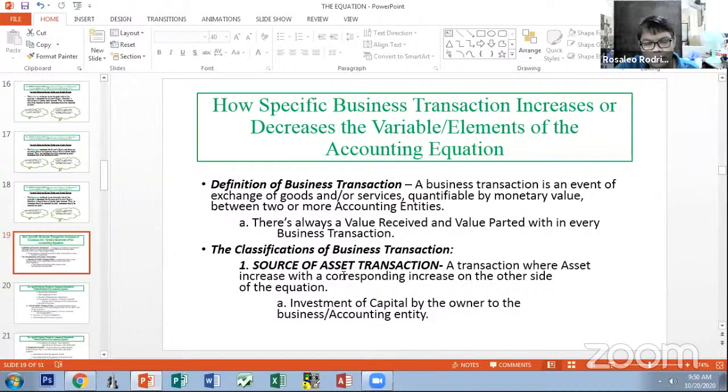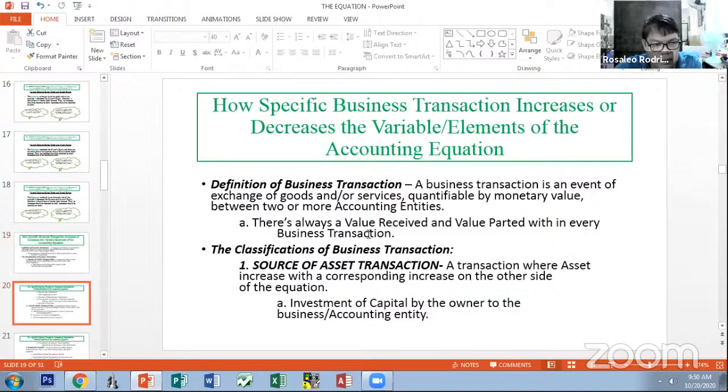So you have to analyze the transaction by determining whether this transaction is a source of an asset, which means the asset of the accounting entity will increase.